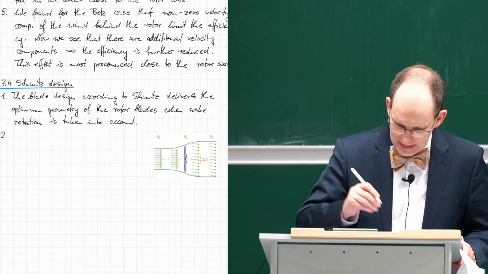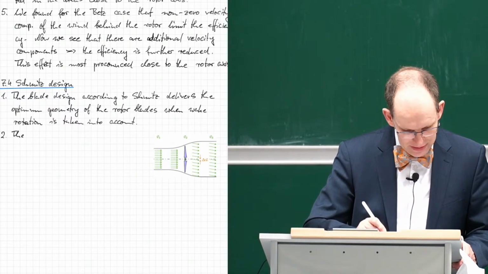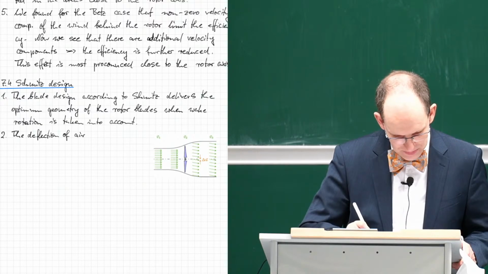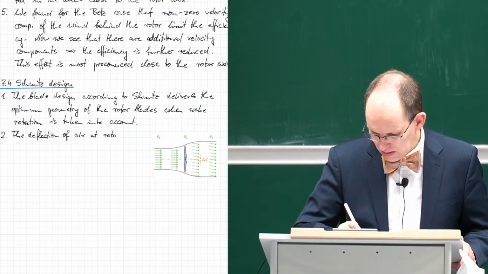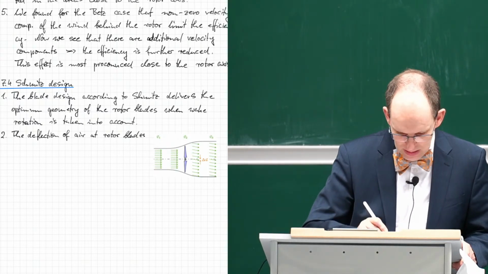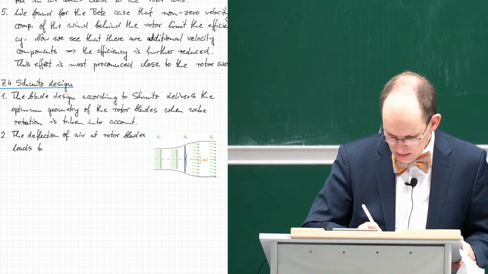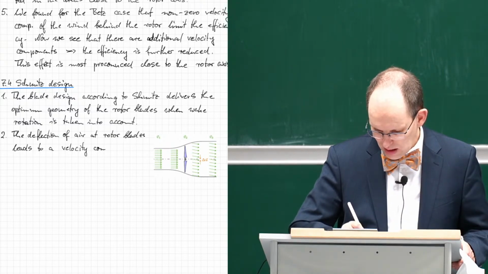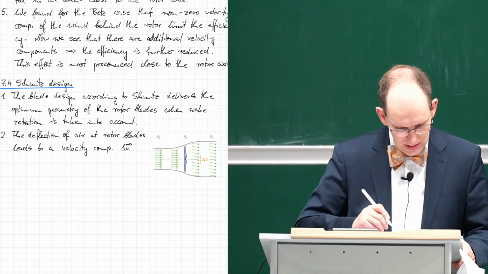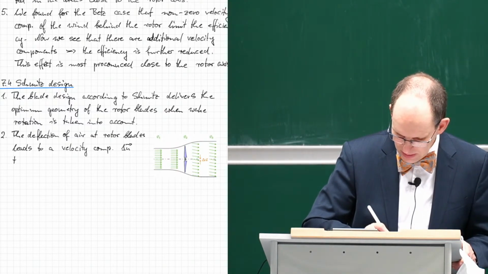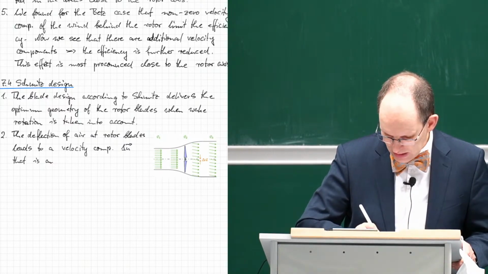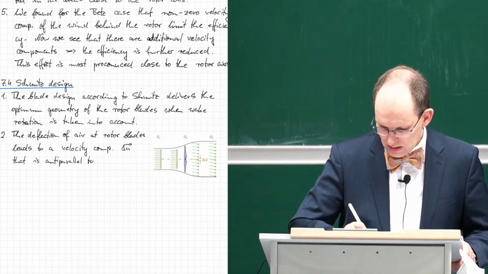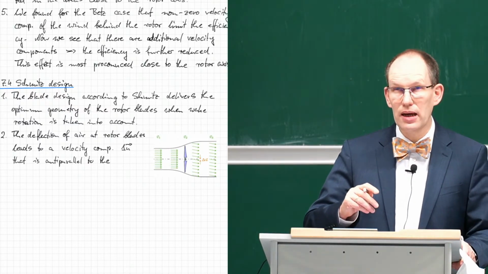The situation that we have is that the deflection of air at the rotor plane leads to a velocity component delta U that is antiparallel to the velocity of the blade elements.